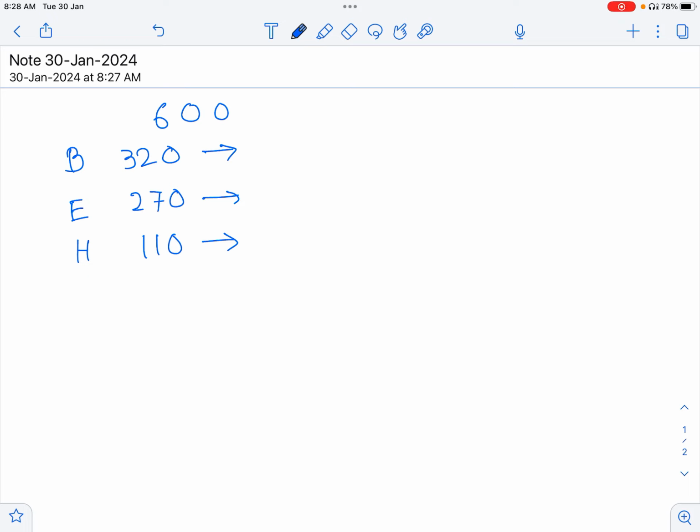At first let us come to the point that 320 students study Bengali, what does it mean? It means that these 320 include those who study only Bengali, isn't it? Only Bengali. And we can denote this by B0.